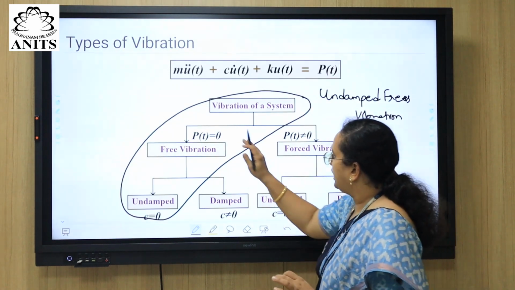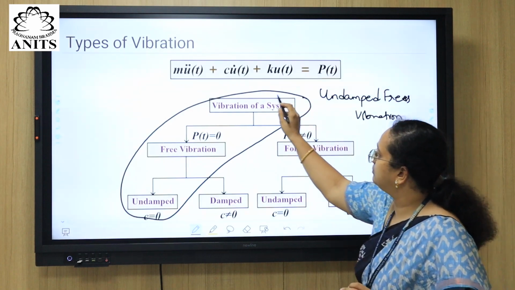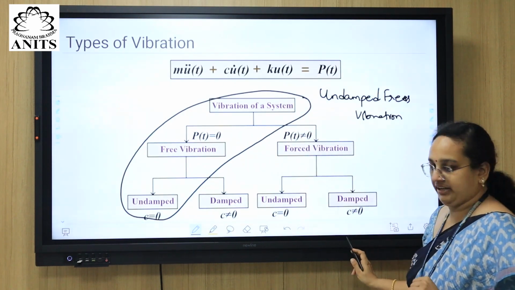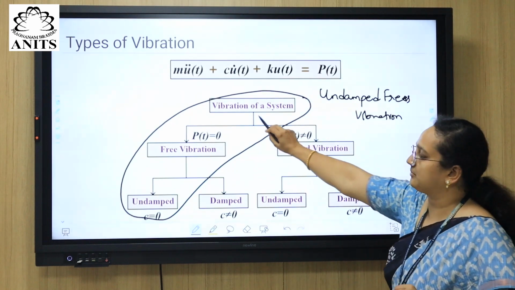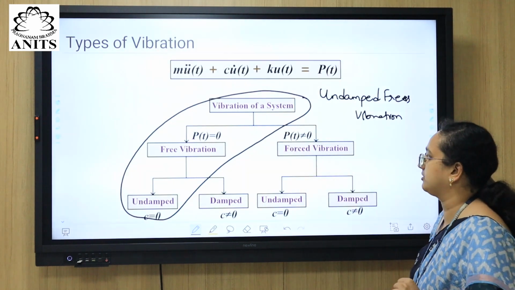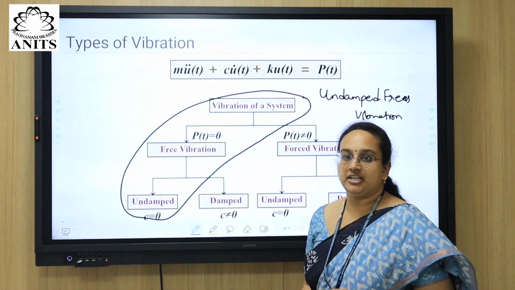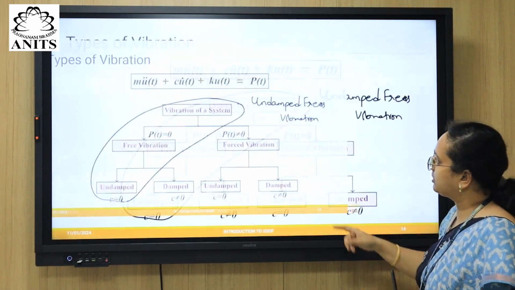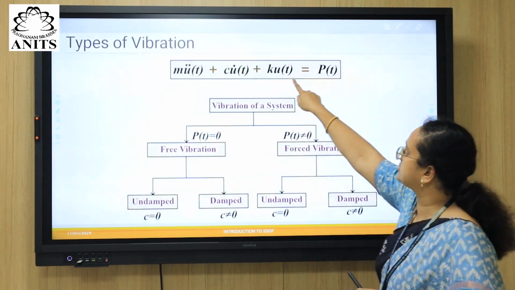Undamped free vibration. The most complicated one is the vibration of a system under forced vibration conditions with damping, right? That is called damped forced vibration. So all these things we need to consider in resolving the equation of motion. This is the equation of motion.